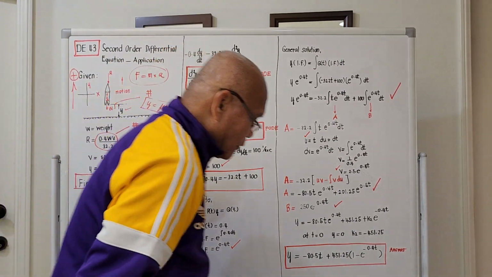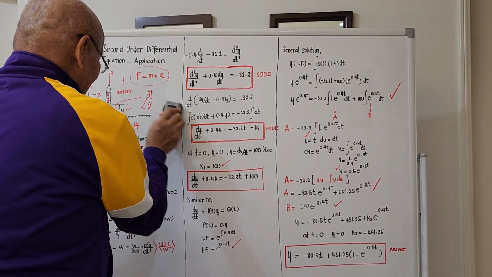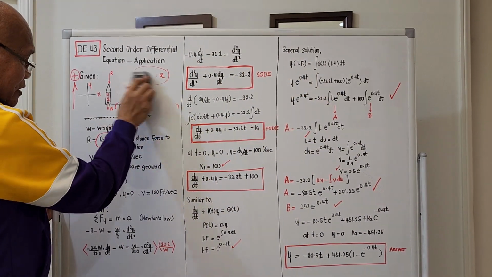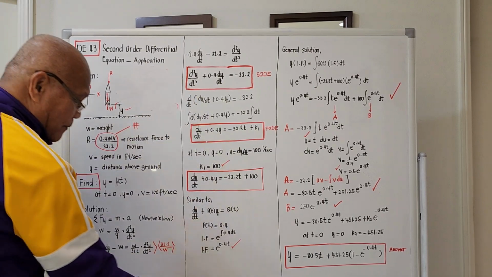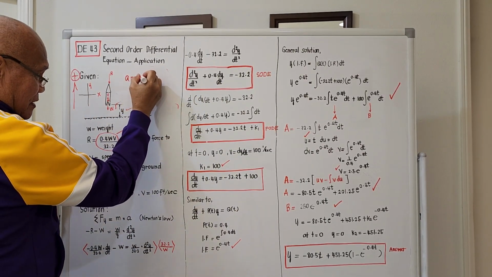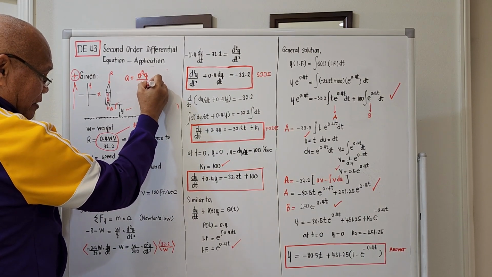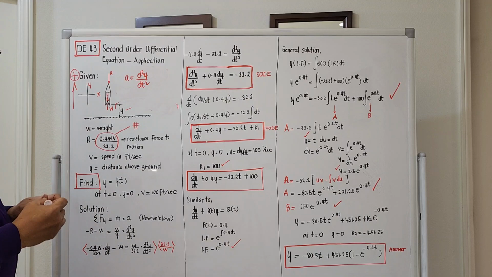Okay, sorry for that one. I will erase this so I can write the explanation. Acceleration is actually d square y over dt square, right?